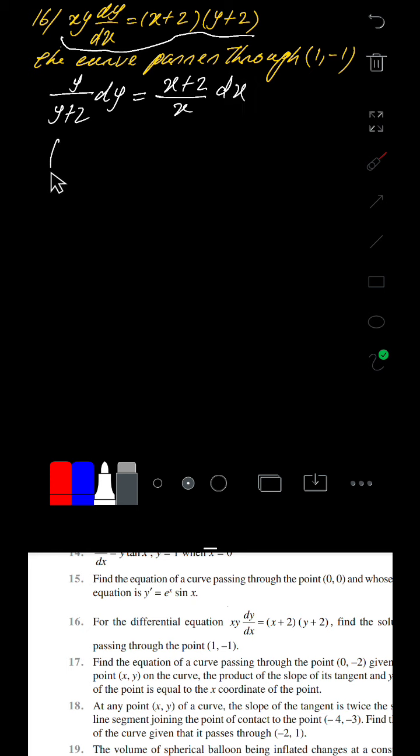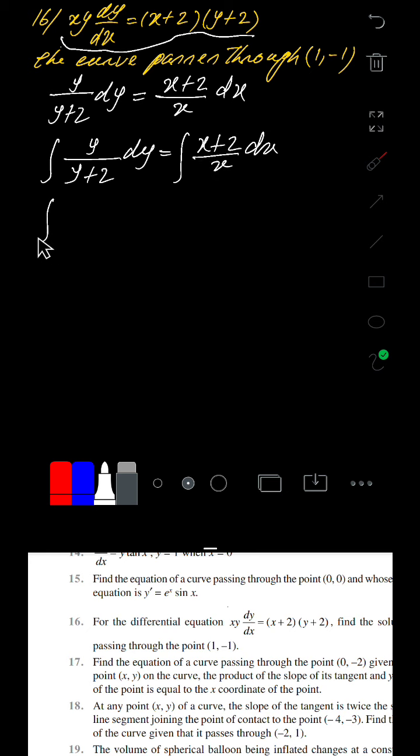Now integrating both sides, we have integral y upon y plus 2 dy is equal to integral x plus 2 upon x dx. Now obviously y may be written as y plus 2 minus 2 in the numerator, y plus 2 in the denominator as it is, dy.